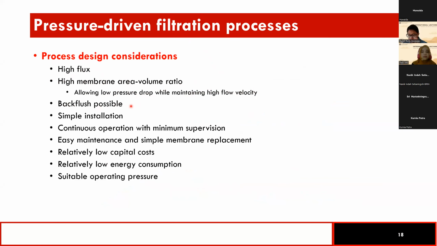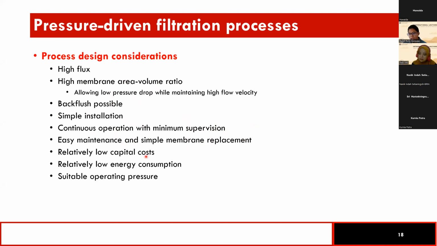Because membrane filtration processes often involve fouling. So if back flush is possible, then we can eliminate some of the foulants deposited on the membrane surface. We also want the process to be simple and easily installed. And this process should also be continuous and without intense supervision. These processes should also be easily maintained, and the membrane should be simply replaced.